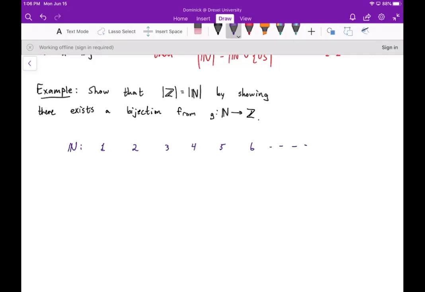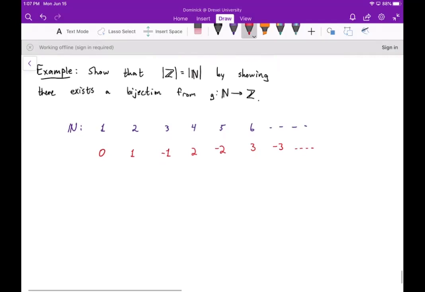Now for the integers, we could say that we have 0, 1 and -1, 2 and -2, 3, -3, and so on. Now, in a lazy way, we've shown this, right? Because we're going to hit all the integers, and no natural number is going to give you the same integer, so you have a one-to-one function here.